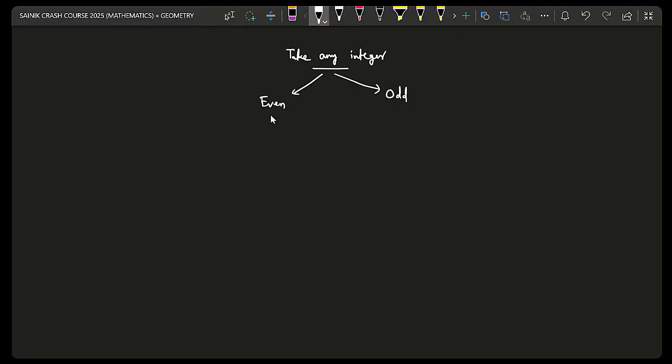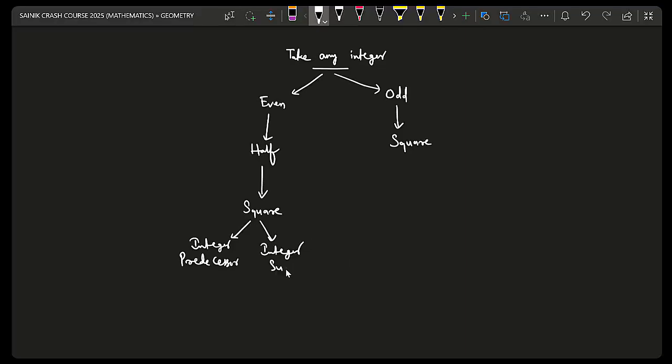If it is even, first you make it half. If it is odd, first you make it square. In the even part, after halving, you square it, and then you take the integer which is the predecessor of it, and the integer which is the successor of it.